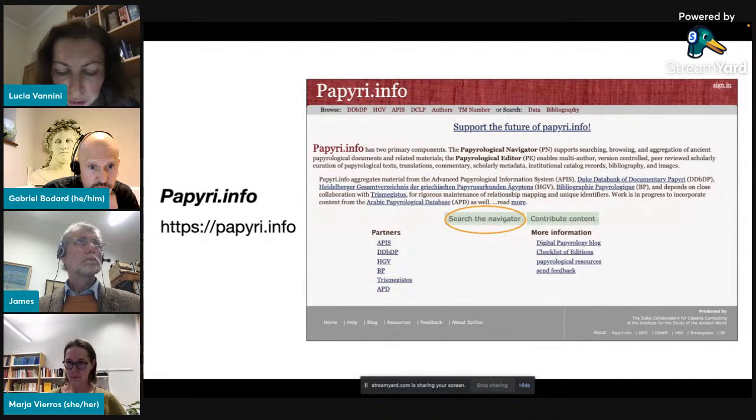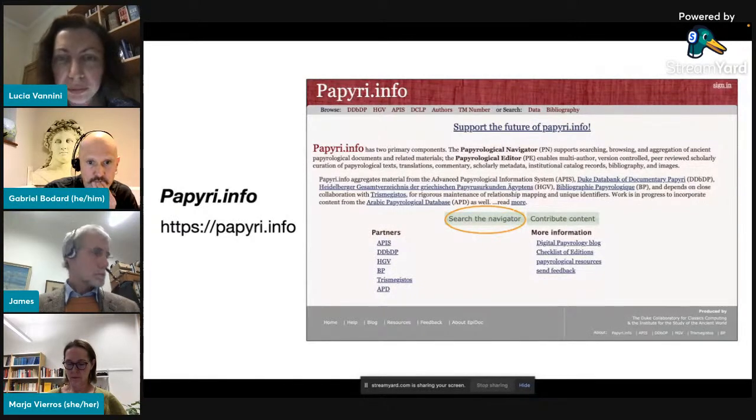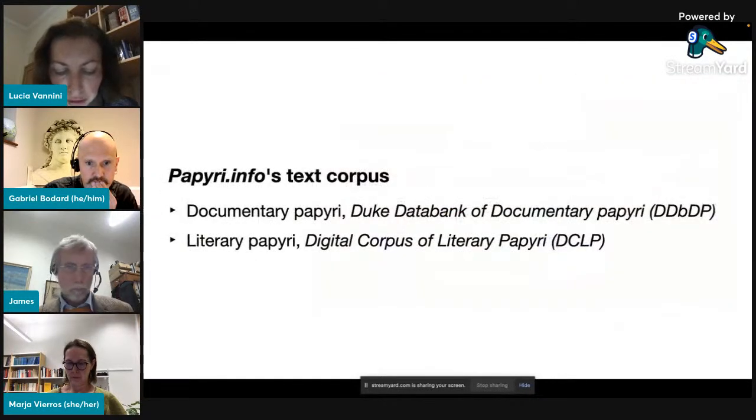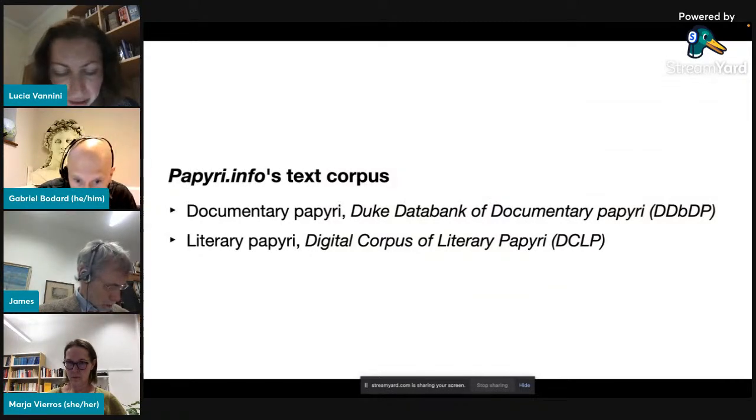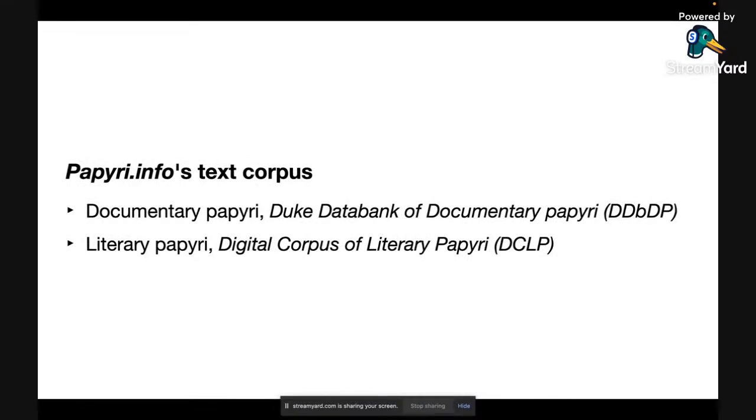Papyri.info provides an open access environment called the Papyrological Navigator, with two extensive corpora. Documentary texts merged from the Duke Databank of Documentary Papyri, the oldest digital papyrology project, launched as early as in 1983, and from the more recent Digital Corpus of Literary Papyri, metadata and increasingly transcriptions of literary and paraliterary texts.